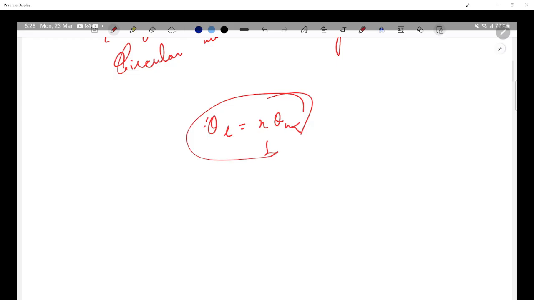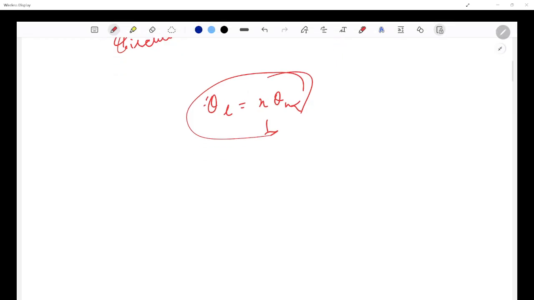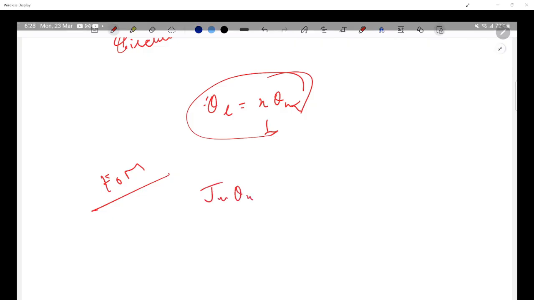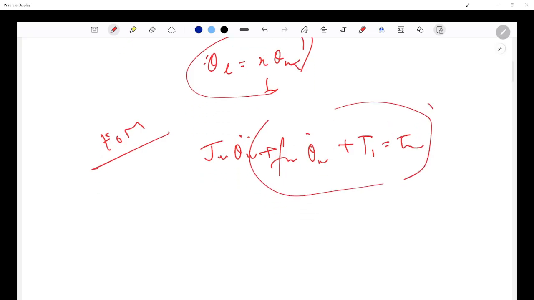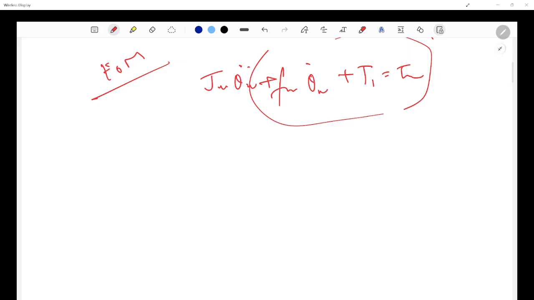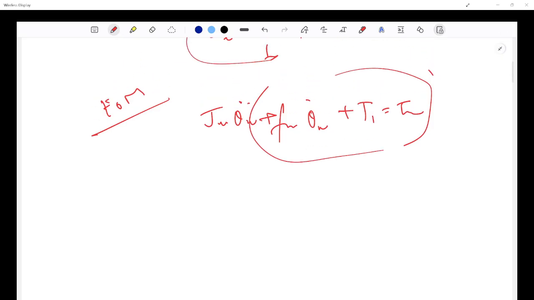And for motor, I don't want to write the equations of motion again, but you might have seen J_m theta_m double dot plus F_m theta_m dot plus t1 is equal to t_m and all these things. For load also you can write similarly. So if you combine these, I think you'll be able to come up with a single equation. So gear reduces disturbance by a factor n.